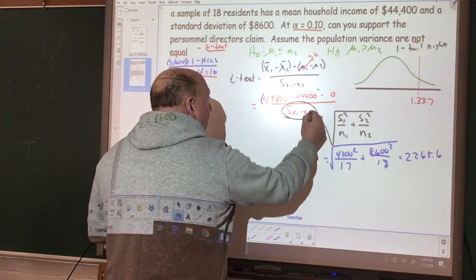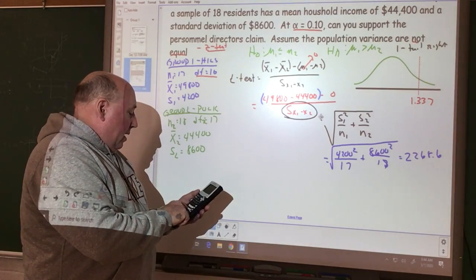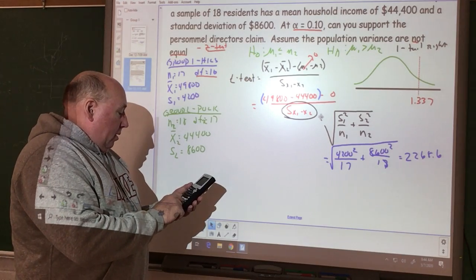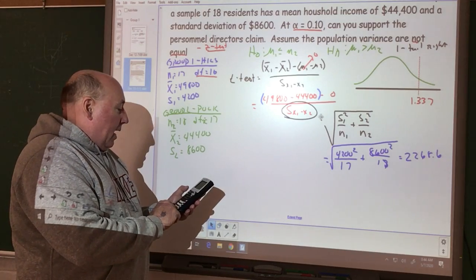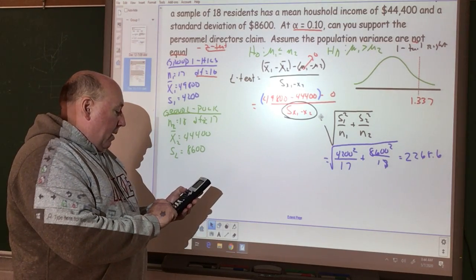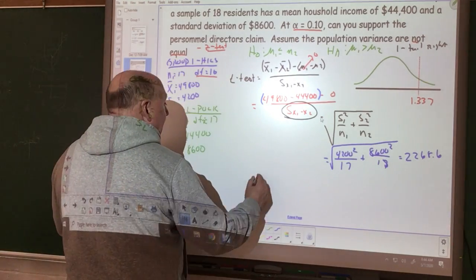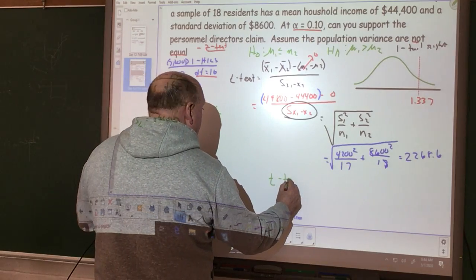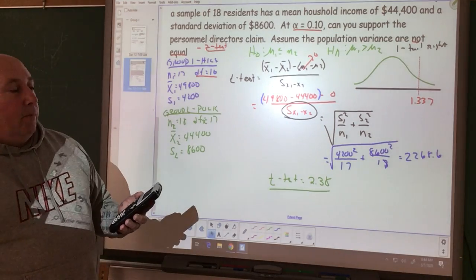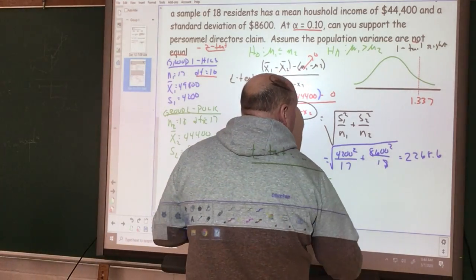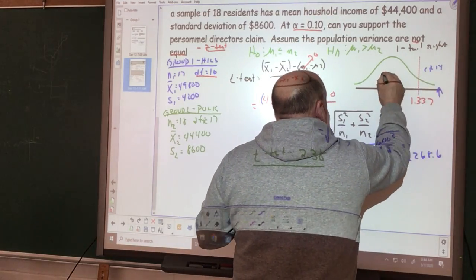Once again, I'm going to hold that value in, and quantify the numerator: 49,800 minus 44,400, divided by my answer. I get a test value of 2.38, which is out here in the critical range, not the non-critical.